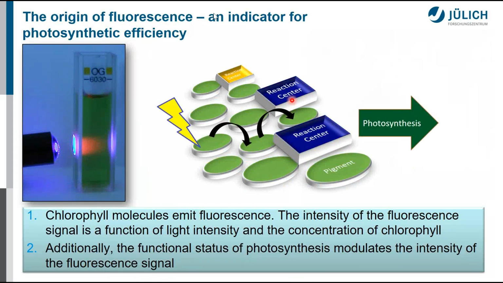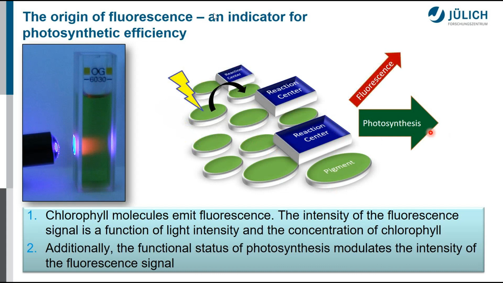So why am I telling you this? This red light has another specific feature. Namely, if you go back to the scheme which I showed you before, light is absorbed by the photosystems, then shuffled to the reaction centers, and from these reaction centers the energy is normally used to drive photosynthesis. However, this process of light capturing, shuffling and usage is never complete.